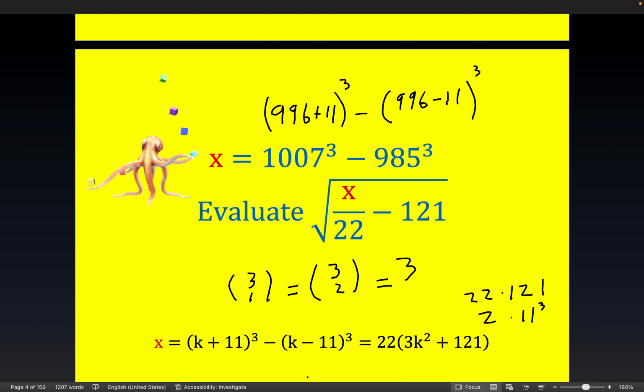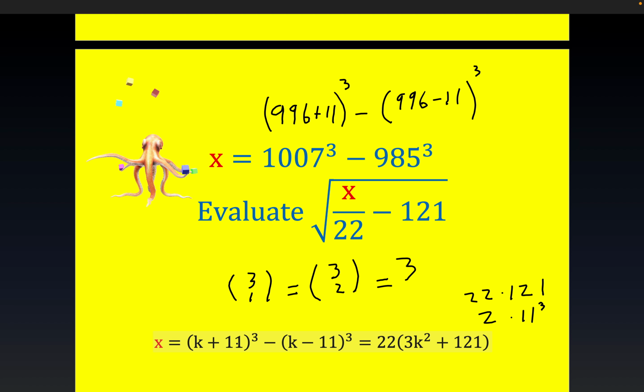Again, you have two positive 11 cubed terms here, and this minus sign would offset the minus sign over here. So this all makes quite a bit of sense, that we can express x like this.